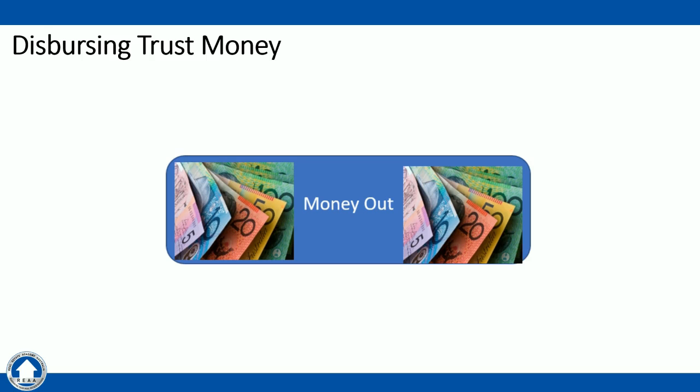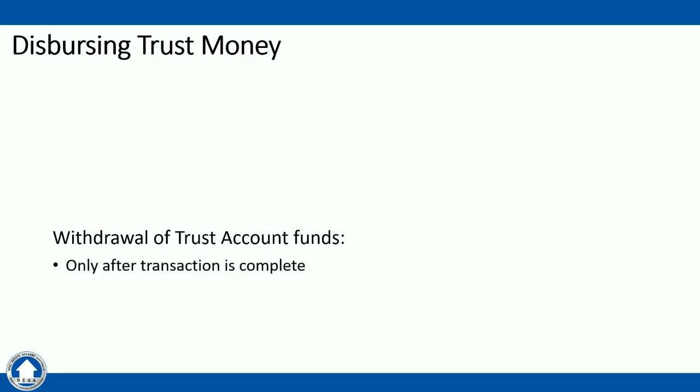So when money is due to be paid out of the trust account, it is very important that this withdrawal from the trust account can only happen after a transaction is completed. So even if you know settlement is going to be happening afternoon at 2 p.m, you cannot complete the withdrawal from the trust account until settlement has been effected and authorization has been provided.